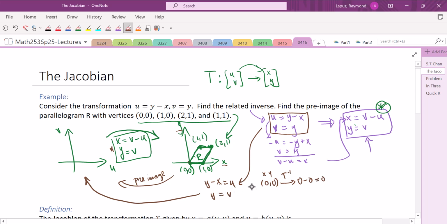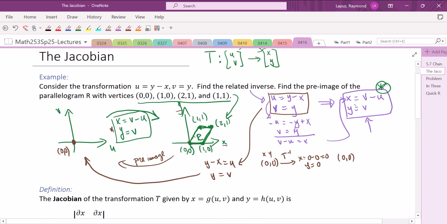And then for the second one, y is equal to 0. Oh, sorry. Let me write. u is equal to 0 minus 0. And v is going to be y, which is 0. So your point here is going to be 0, 0. And then let's pick 1, 0.